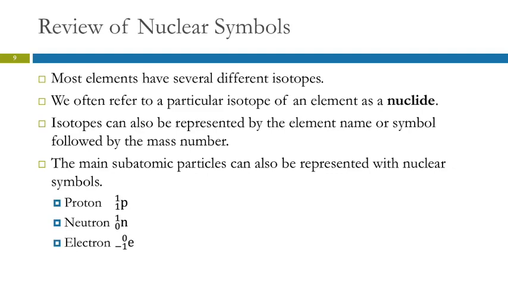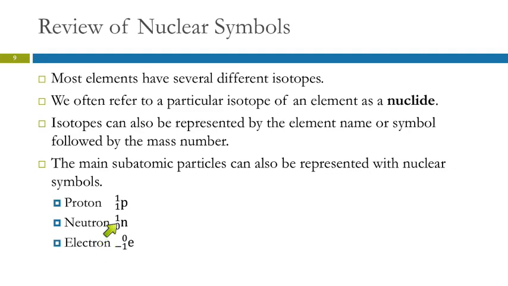We can also represent the main subatomic particles with nuclear symbols. So a proton can be represented like this. The proton has 1 proton, so its atomic number is 1, and its mass number would also be 1 because there aren't any neutrons. And for the symbol, we just use P for proton.